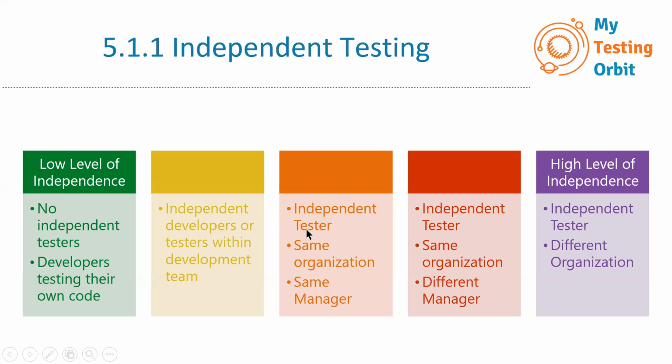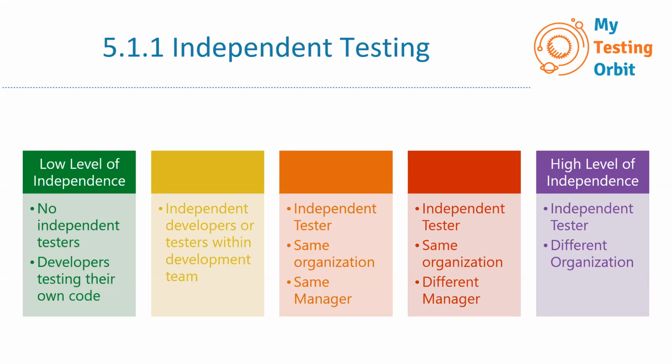The third one is that there is an independent tester, same organization, same manager. So this can be a scenario where there are two different teams, a development team and a test team, and the tester is part of an independent team.